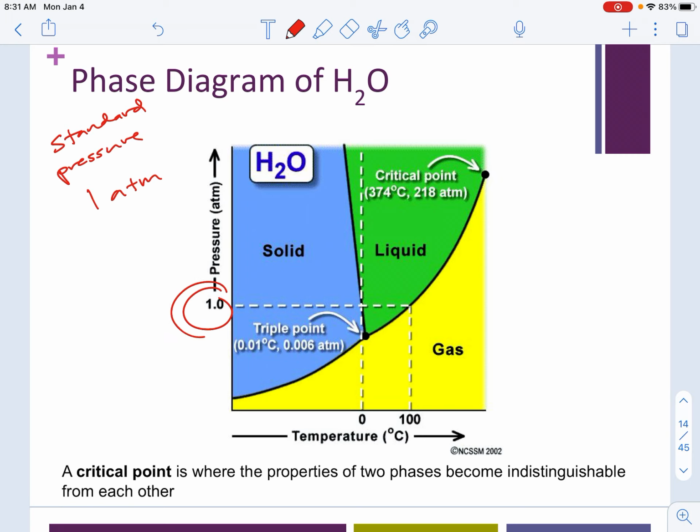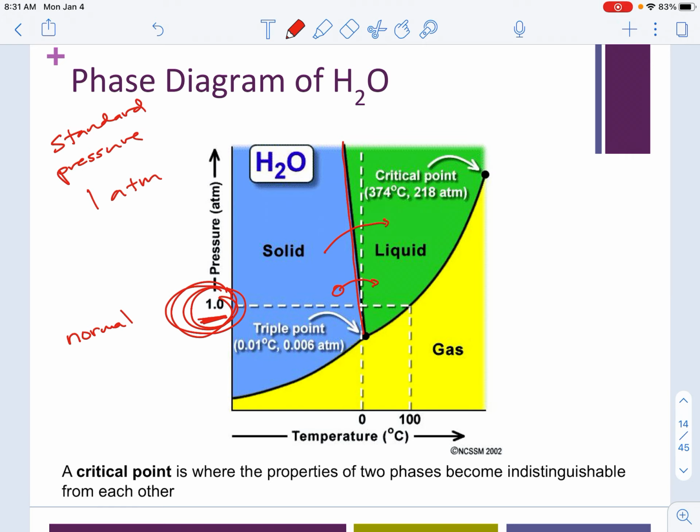So at standard pressure, or normal pressure, you could figure out at 1 atm, at what temperature does this solid turn into a liquid? You can go right here. This point right here is going to be known as melting. Going from a solid to a liquid, remember we discussed that phase change is melting.